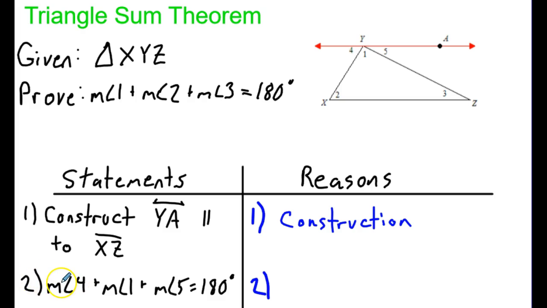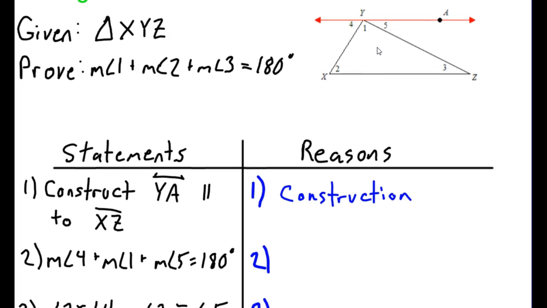Next thing, number 2, we have the measure of angle 4 plus the measure of angle 1 plus the measure of angle 5 is equal to 180 degrees. So if we add these three angles together, we know they form a straight line as we go around. We talked about this earlier, that a straight line is always going to be 180 degrees.